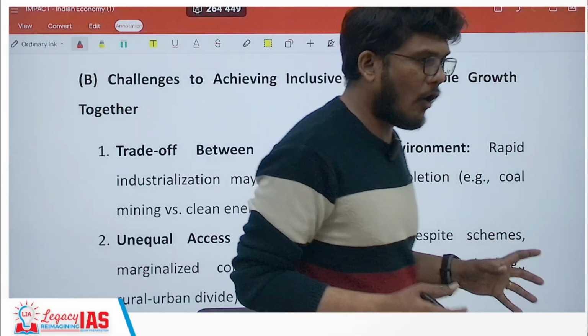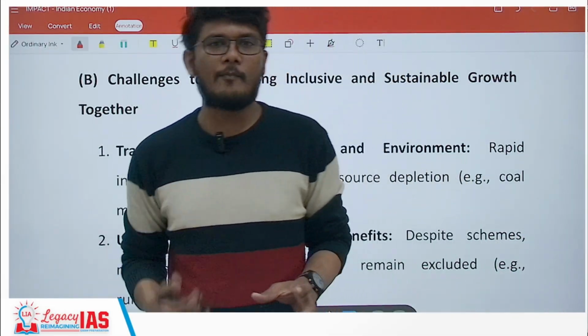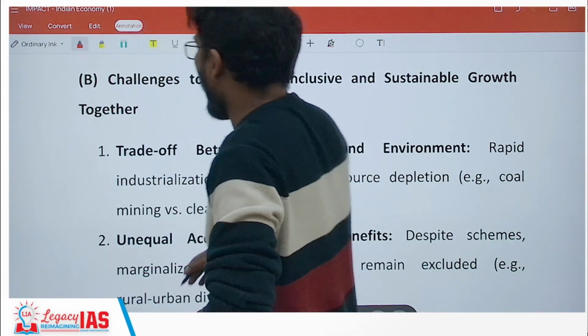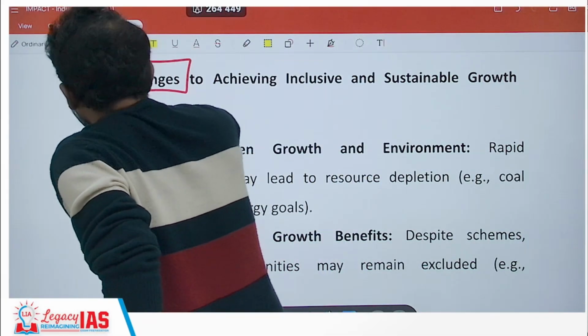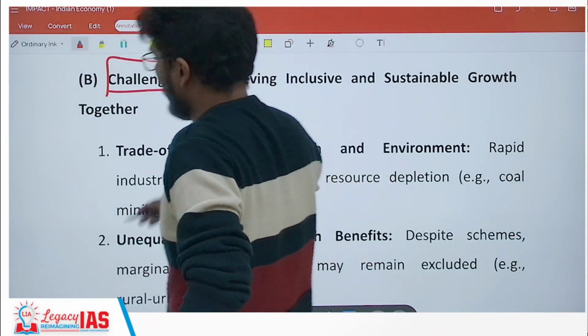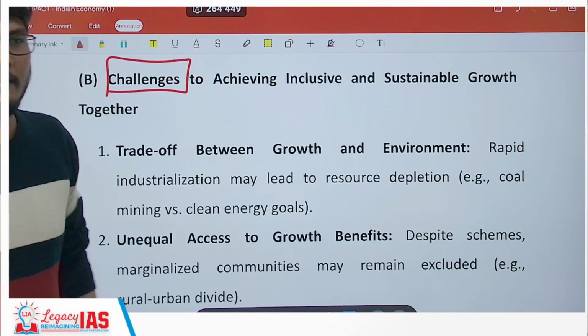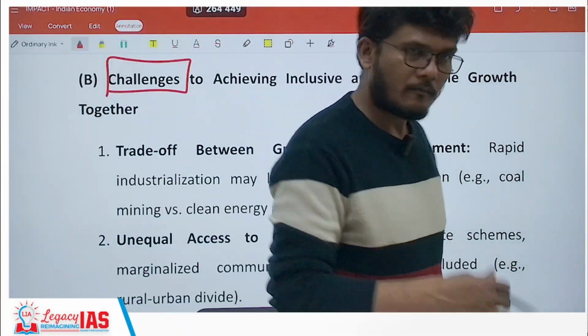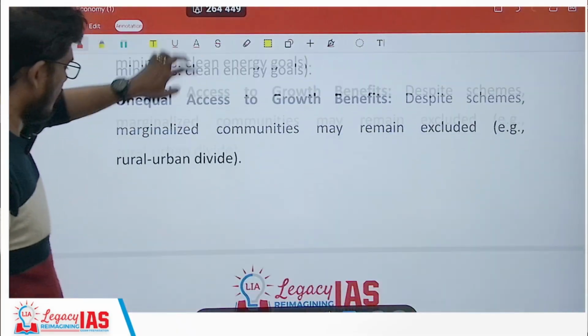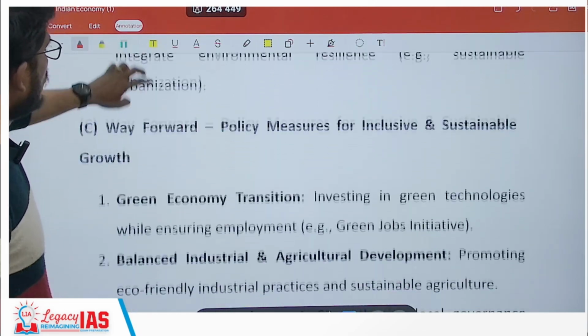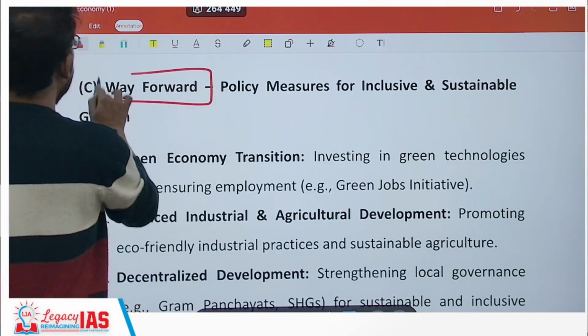So this is how the major portion of the main body of your first answer will be. However, you will then talk about challenges. The moment you talk about challenges, you can talk about the trade-off between growth and environment, where to focus more. Once you write challenges, you have to give the solution.